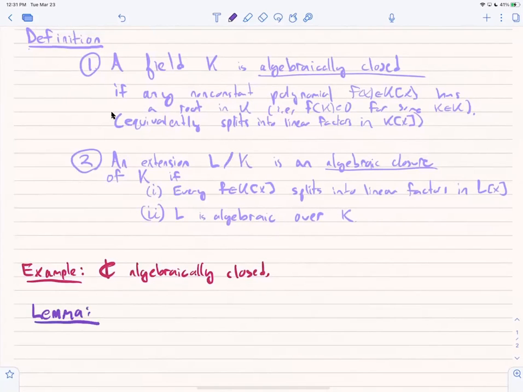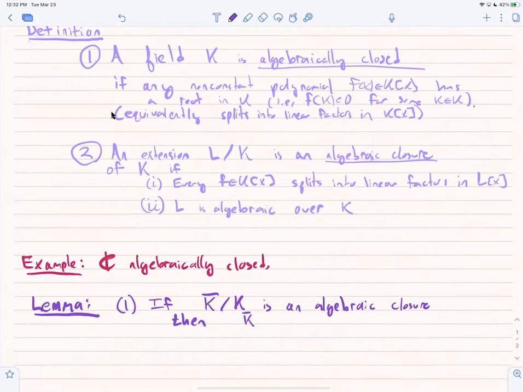So this includes the statement we had last time, but also something extra. So the first part is the extra, that we didn't talk about last time. This says if K bar over K is an algebraic closure, so that's a statement about polynomials with coefficients in K and their roots in K bar.